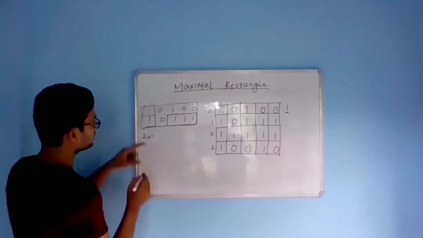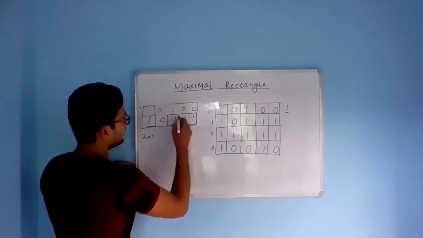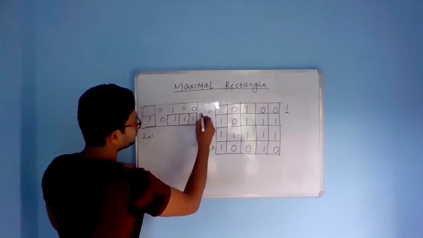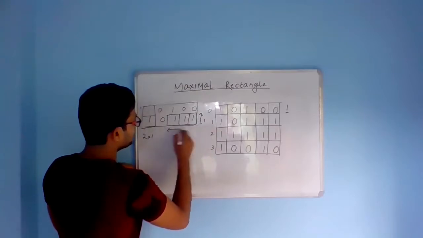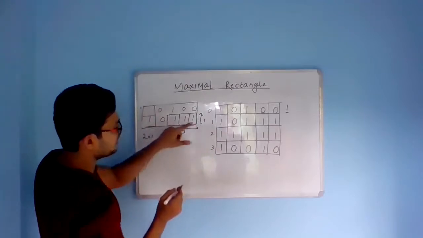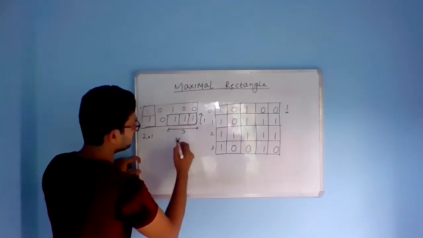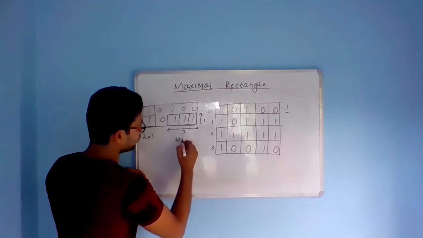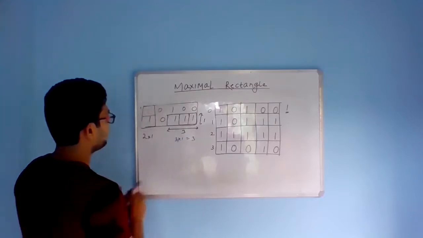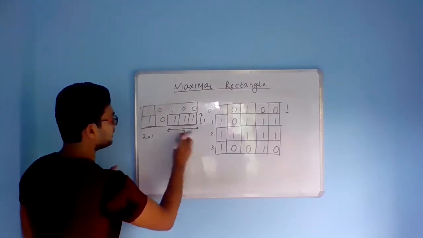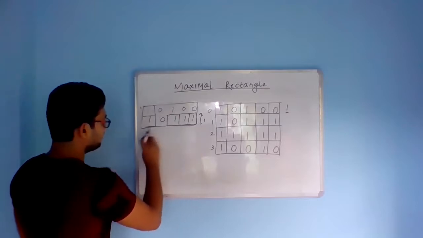So 2 into 1, which is 2, right? But for this, as you can see, the height is 1 obviously, but the width is 3. There are 3 blocks. So definitely the area will be 3 into 1, which is 3. And 3 is bigger than 2. So obviously the area for this will be bigger, right?